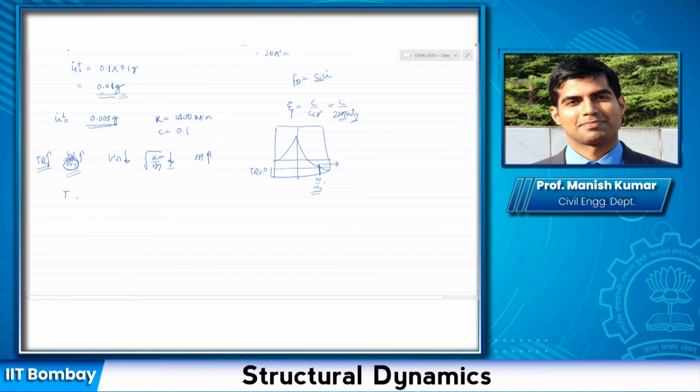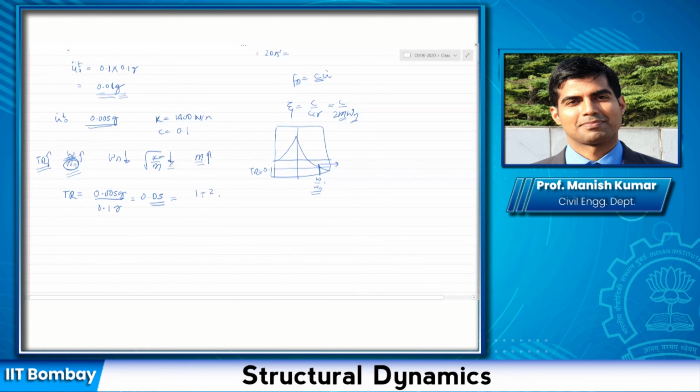Now the transmissibility I need to have is 0.005 g divided by the peak ground acceleration. This is given to me, and this is 0.05. Now I want to find out the mass that would lead to this.